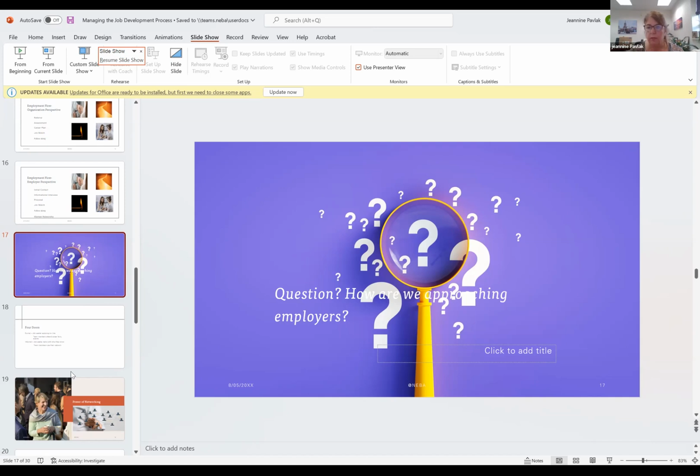And so do your managers or supervisors know how their staff are approaching employers? And do they know that they need to know that? Because intuitively, you wouldn't think that that's something that you need to teach. You would think that they would just know that.